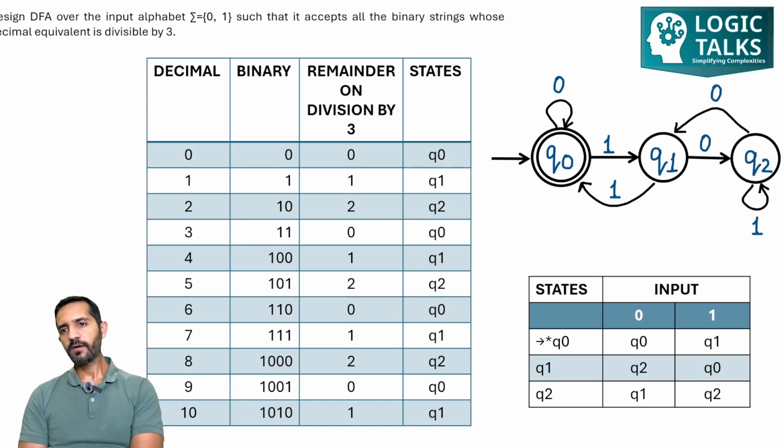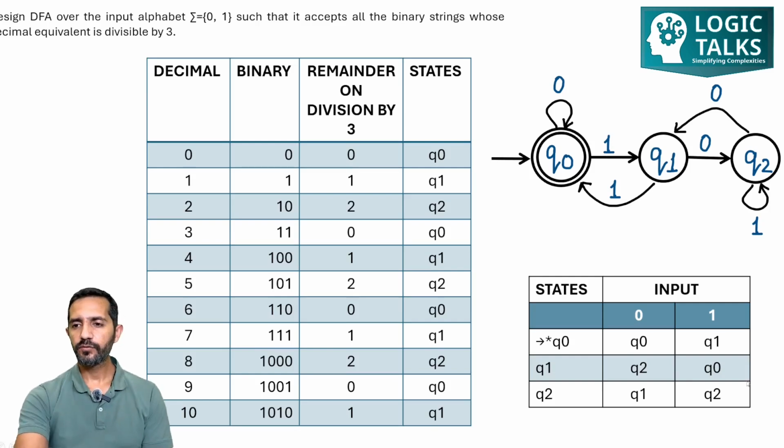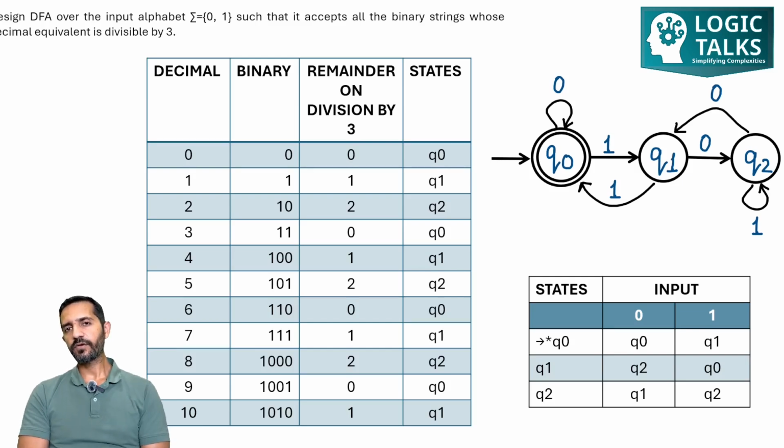And if it had been divide by 5, then the pattern would have been q0, q1, q2, q3, q4, and again q0, q1, q2, q3, q4, and in that case the number of states would have been 5. I hope it is clear to all of you.